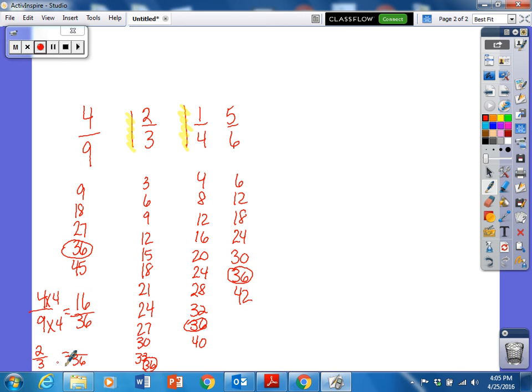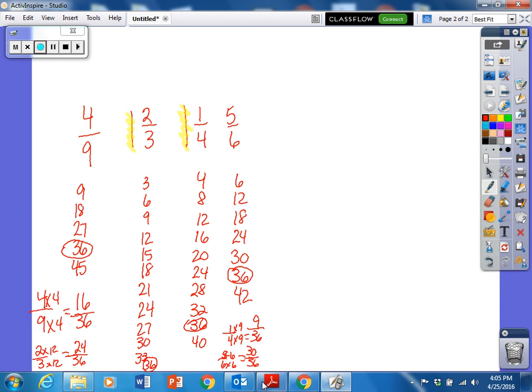And if I don't remember what that is, I just count down. 1, 2, 3, 4, 5, 6, 7, 8, 9, 10, 11, 12. That's 24. And then 1 fourth equals 36. That's times 9. And 5 sixths equals 36. Is times 6. And that's 30.